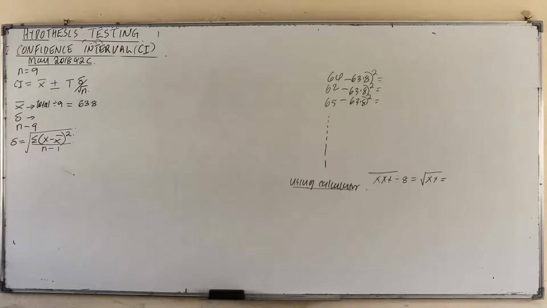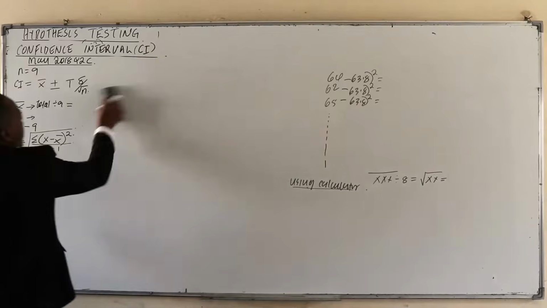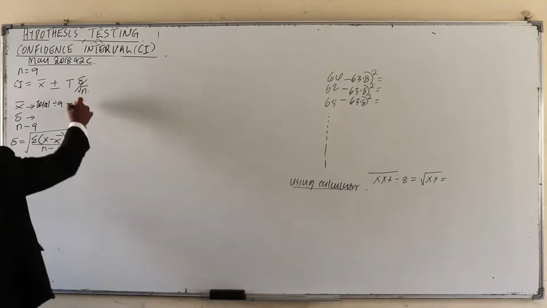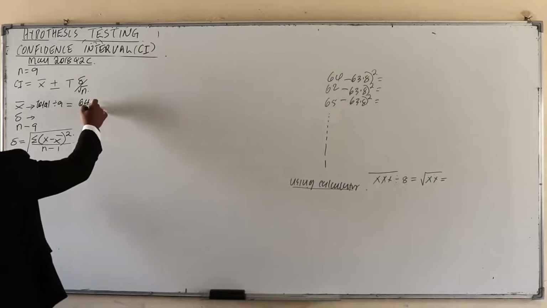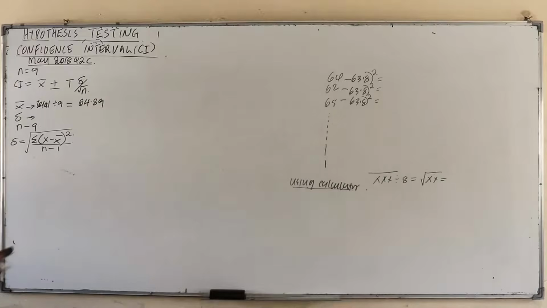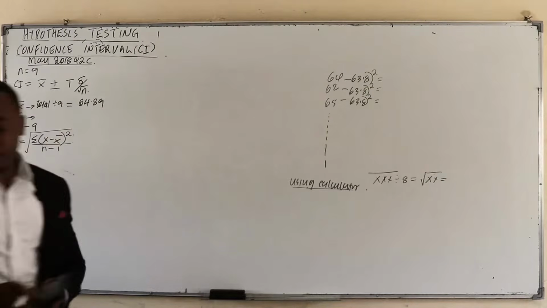I hope the honest students are following, because I cannot see anyone even posting the answer. So that means they are not computing. So then you divide by 9. This is 64.89. That's what I've gotten from the total. Now let me use the calculator to do the same.